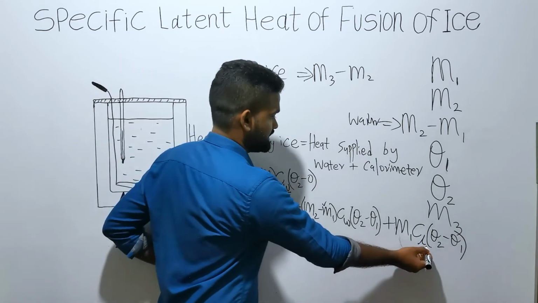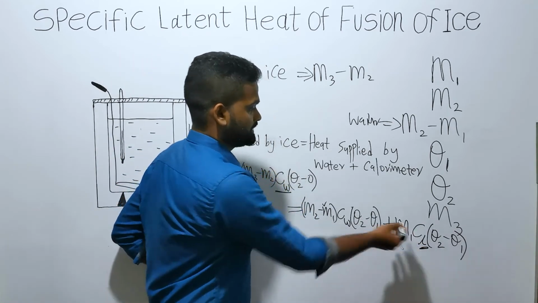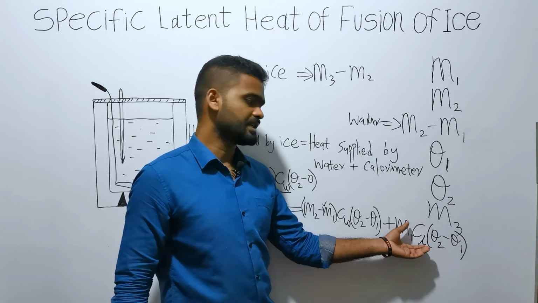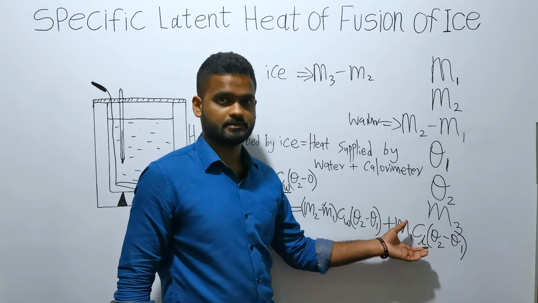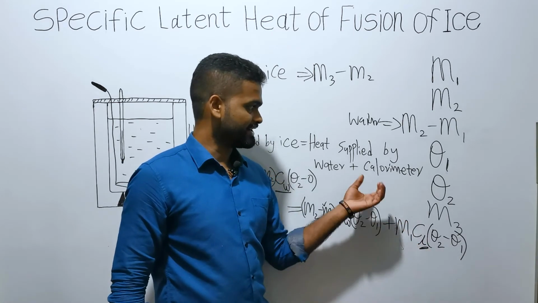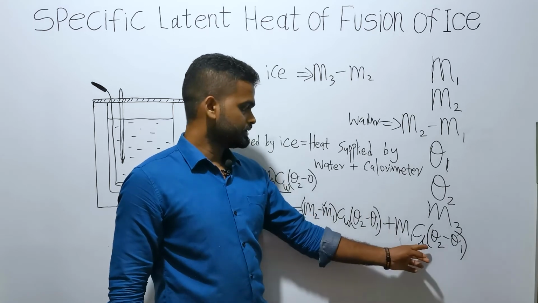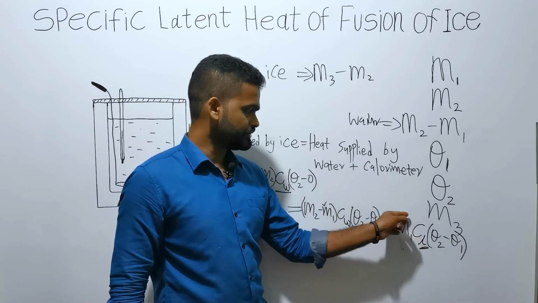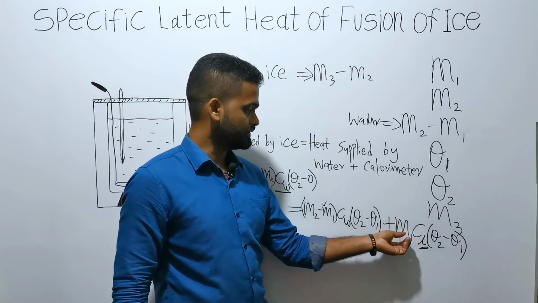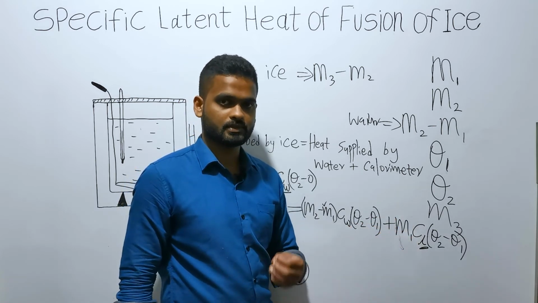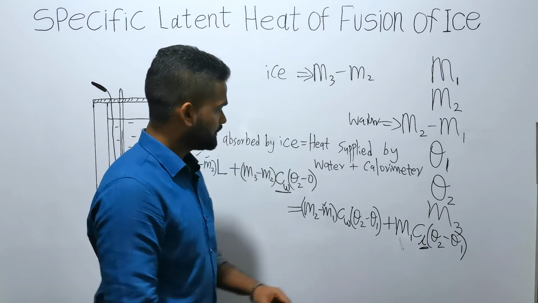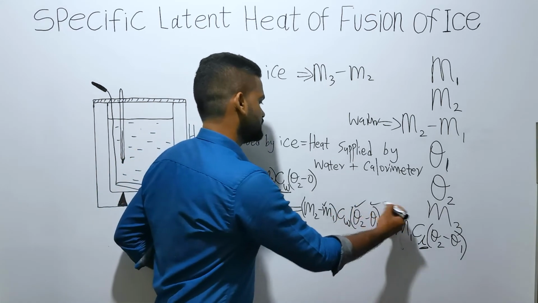Then the specific heat capacity of the calorimeter material, which could be aluminium or copper, we just substitute here.